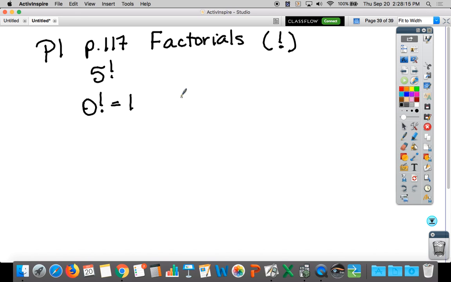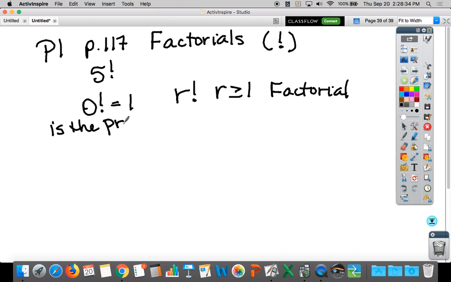If you have r factorial and r is greater than or equal to 1, it can't be 0, then the factorial is the product from 1 to r.